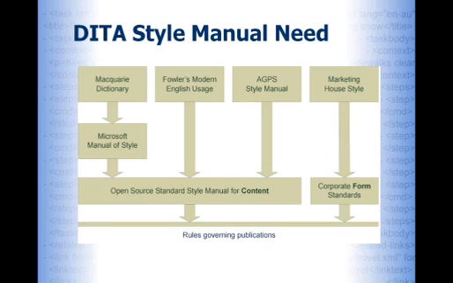But then ultimately we probably need to have those sort of resources channeled into some form of open source standardized style manual that just looks at the content, and then we have something different that looks at the form. Because when we think about how style manuals should encourage consistency, there are two separate pieces.